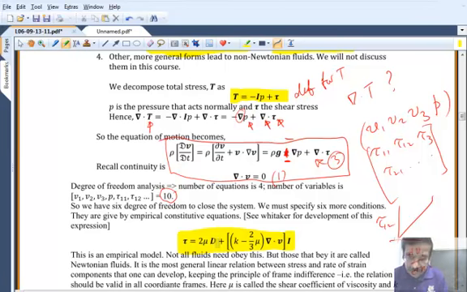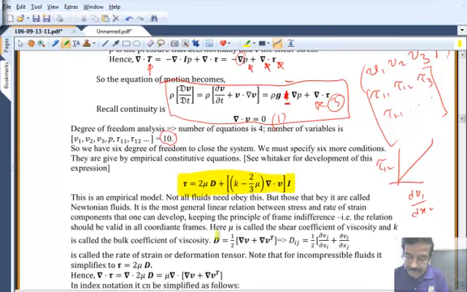So D is called the rate of strain tensor, and it is defined according to this. This contains all the partial derivatives of the velocities with respect to position. So in index notation, this is how you would write the rate of strain tensor.